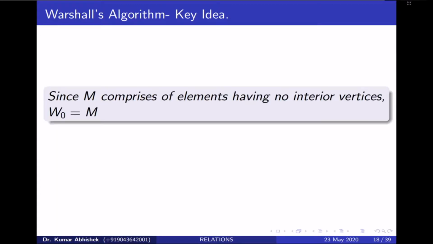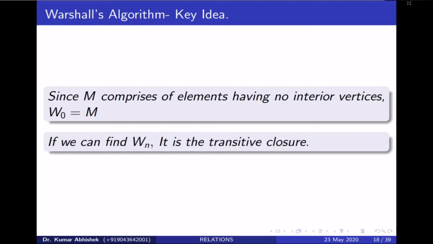Now, since the matrix M corresponding to the relation R comprises of the elements having no interior vertices, we initialize M as W naught. Now, if we can find Wn, that will provide the transitive closure of the relation R.